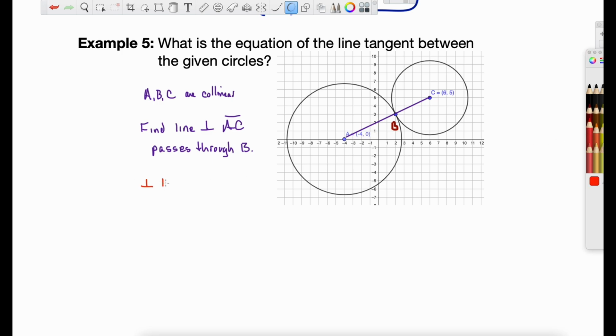Perpendicular lines have negative and reciprocal slopes.